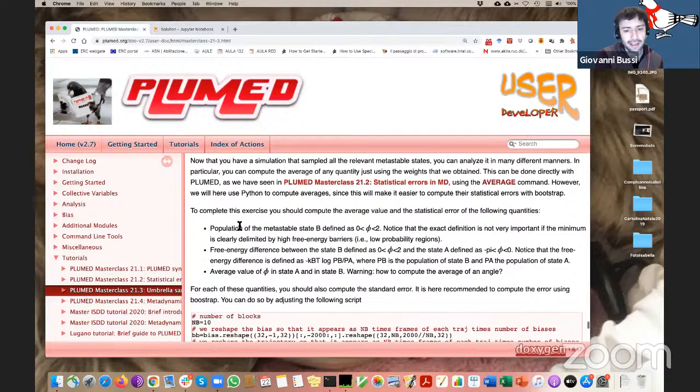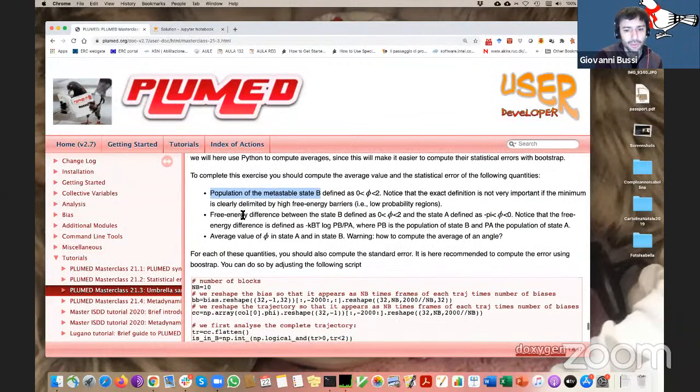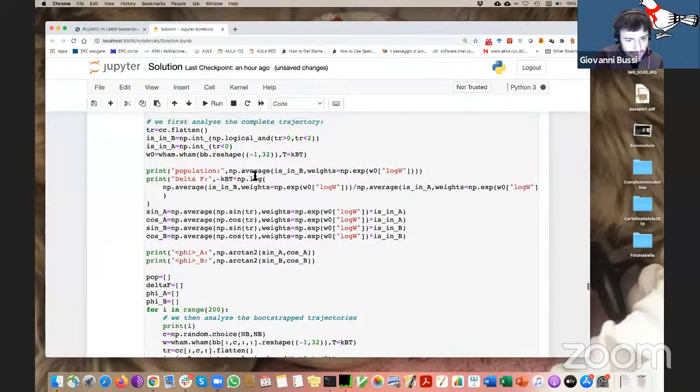The exercise was to compute a few quantities like the population of the metastable state B, defined as phi between 0 and 2. So let's first discuss the observables that we are computing, and then we will discuss the error. This is a very important issue. It was raised already. So first of all, observables.